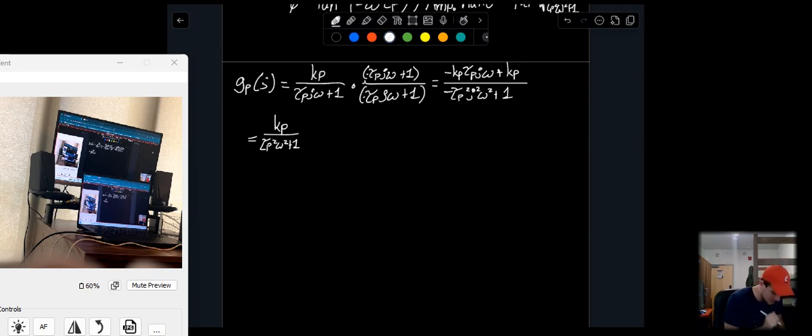And again, this is just simply separating the fractions here. So that should be negative, and then minus.